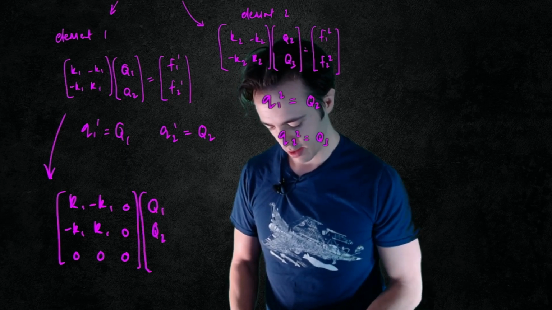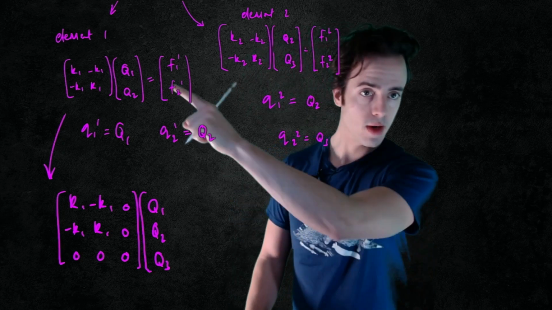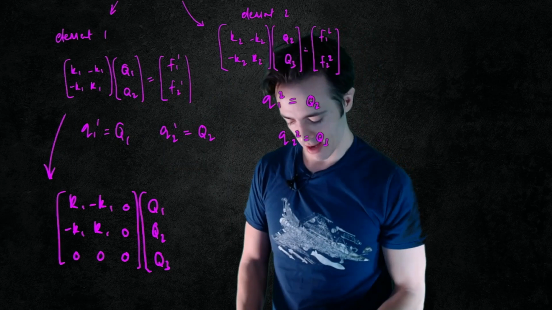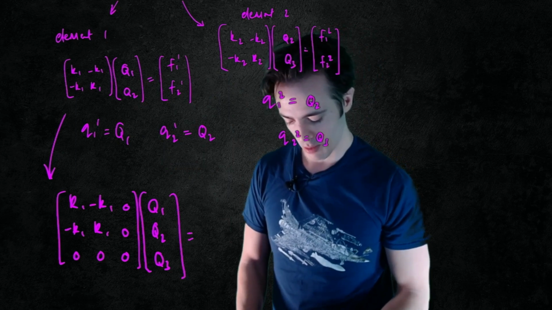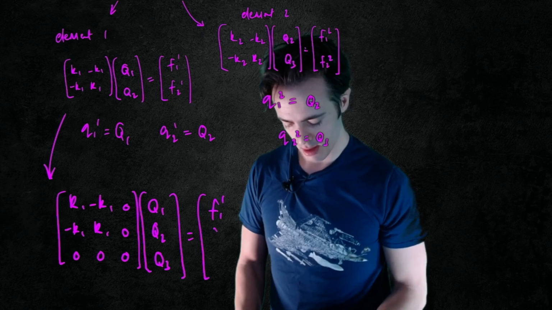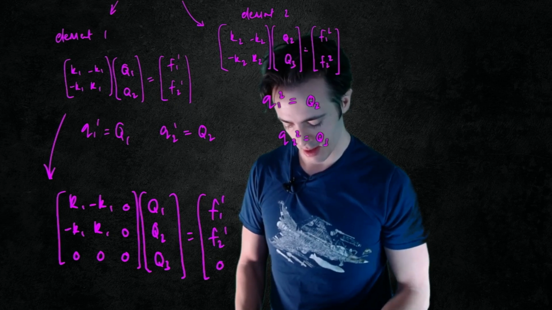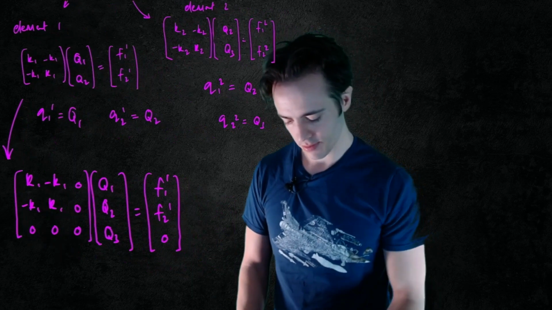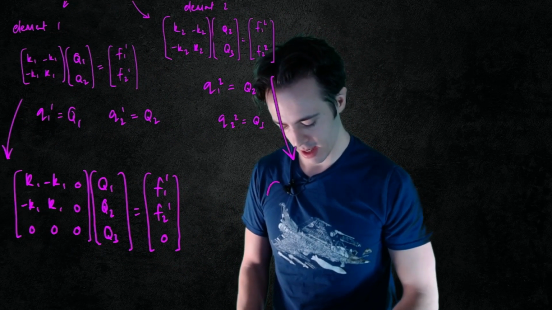And so we included the node that wasn't included already. So there's a Q3 in this problem. It's not included in here. If we include it, we have to recognize that element 1 doesn't have anything to do with node 3. So we just have a 0 row, a 0 column, and 0 on the right hand side. And then we did the same expansion over here.